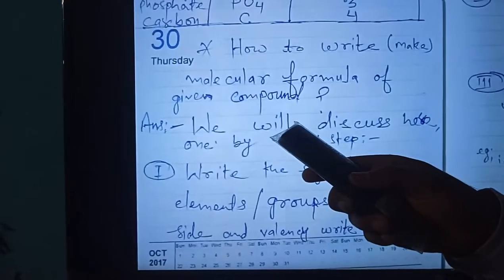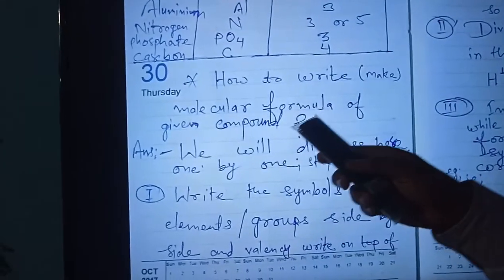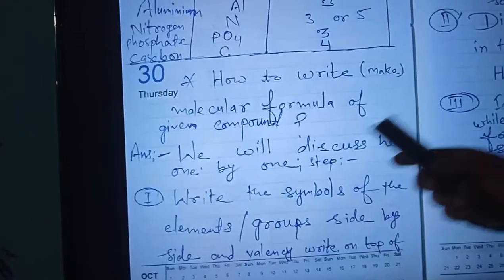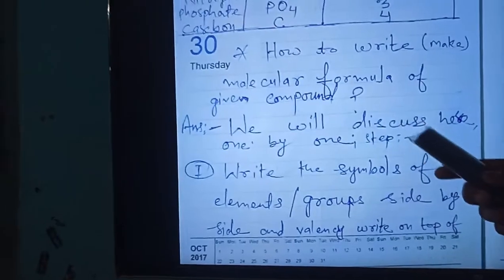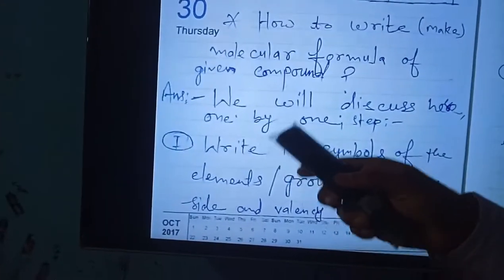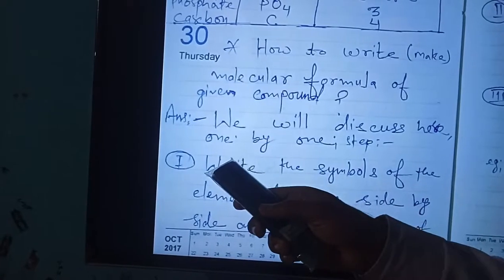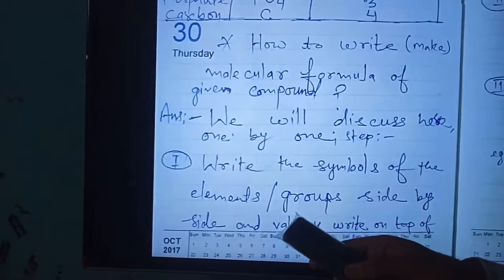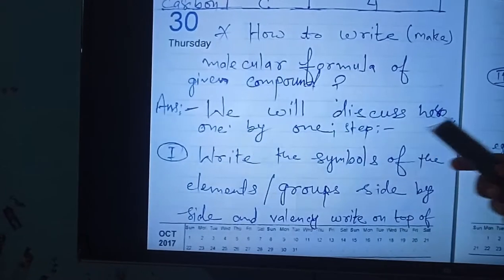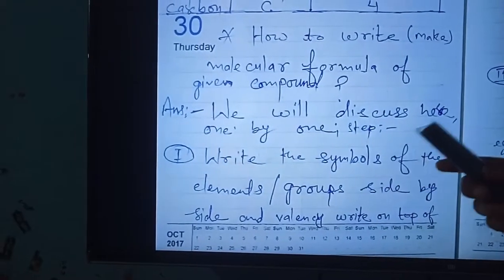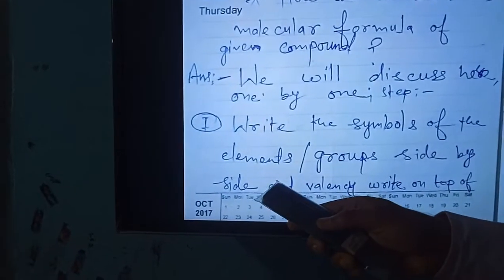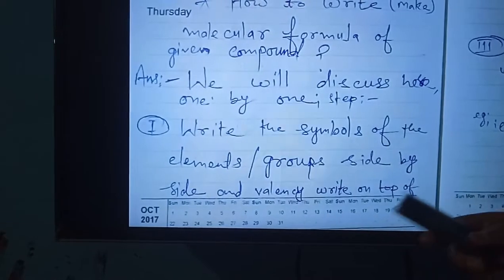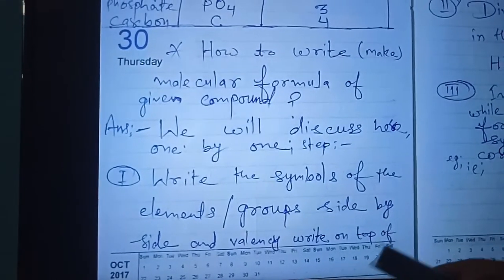Now, when we talk about how to write, that is, make the molecular formula of given compounds, a question arises in our minds, and we will solve it step by step. First step: write the symbols of the elements or groups side by side and write their valency on the top right of the symbols.